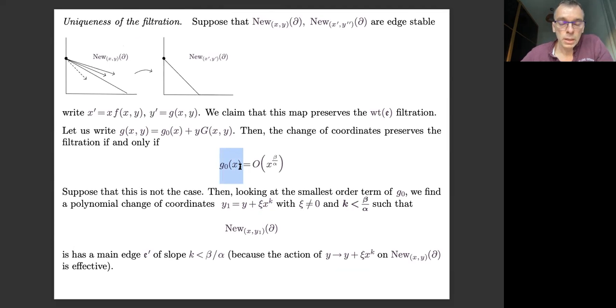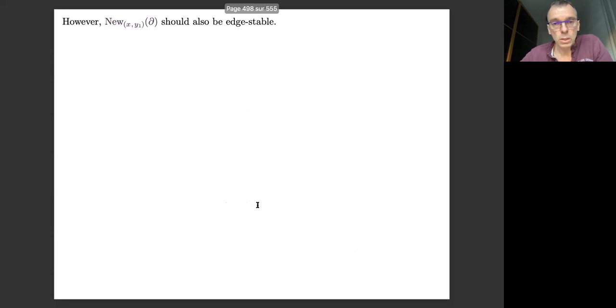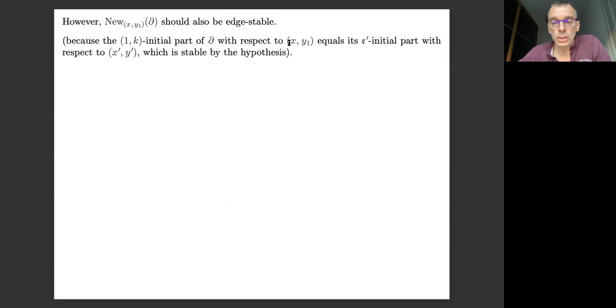So in fact, this is precisely the part which corresponds to the edge of the Newton polygon in the x prime y prime coordinates. So I repeat, the k initial part of delta with respect to the variables x, y1 is precisely the same thing as the e prime initial part of delta with respect to the coordinates x prime, y prime, just because I'm extracting the initial part by going from xy to xy1.